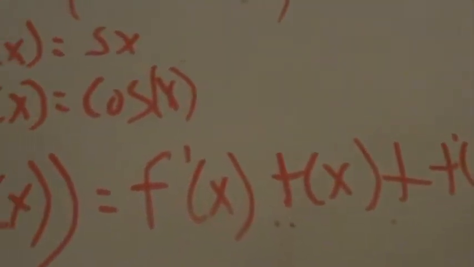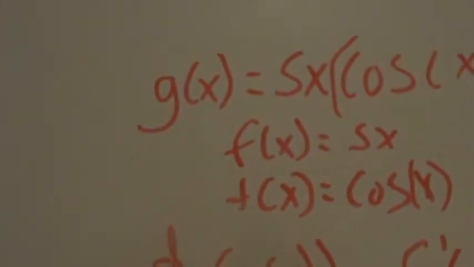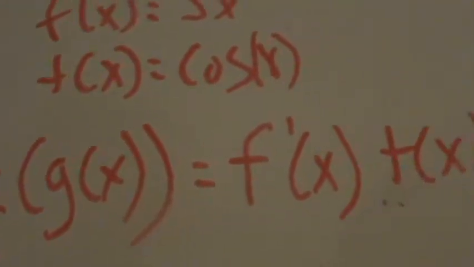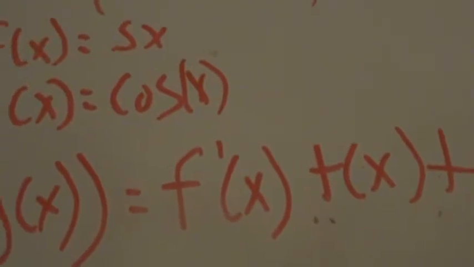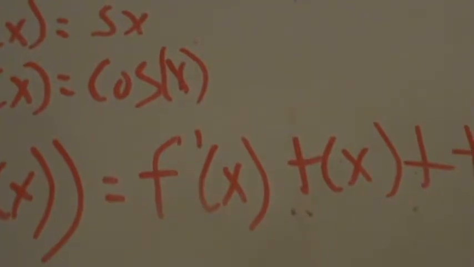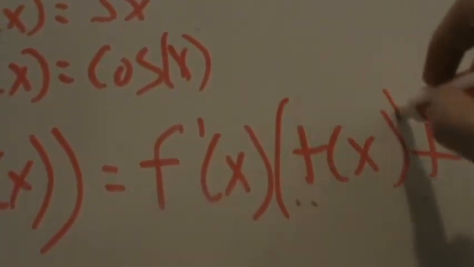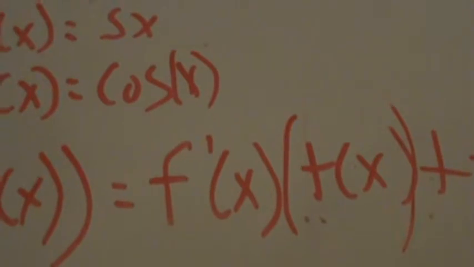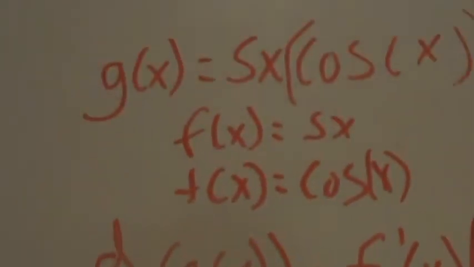Okay, so what is this saying? This says that if we want to take the derivative of a function g of x, which we said was up here, it's equivalent to taking the derivative of f of x, which we said was 5x, times t of x. I know this looks like a plus sign, that's my bad, probably shouldn't have picked t. And then you would take the derivative of t of x, which is the derivative of the cosine, and multiply that by f of x, and that would give us our derivative of g of x.